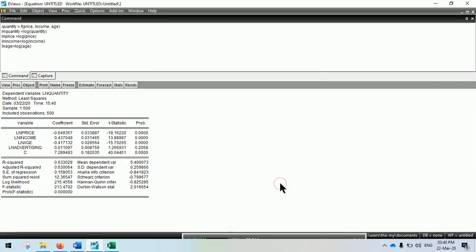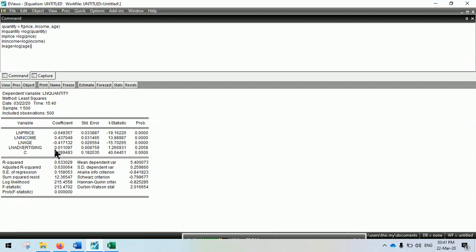Open as equation. Okay, then it's not significant, and we can also see the coefficient is very low, and the elasticity is 0.01, almost 0. So it doesn't have an impact. So the change in the quantity demanded for a change in advertising is very small.